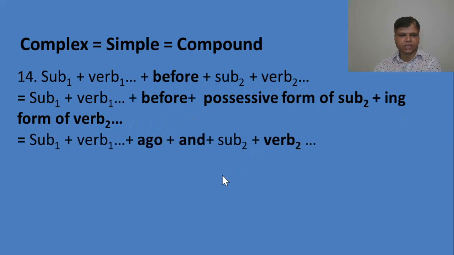If you want to make it a compound sentence, two clauses will be joined by and. So we have to use and instead of before, and we have to add ago in the first clause, that is the independent clause. Look at the example.